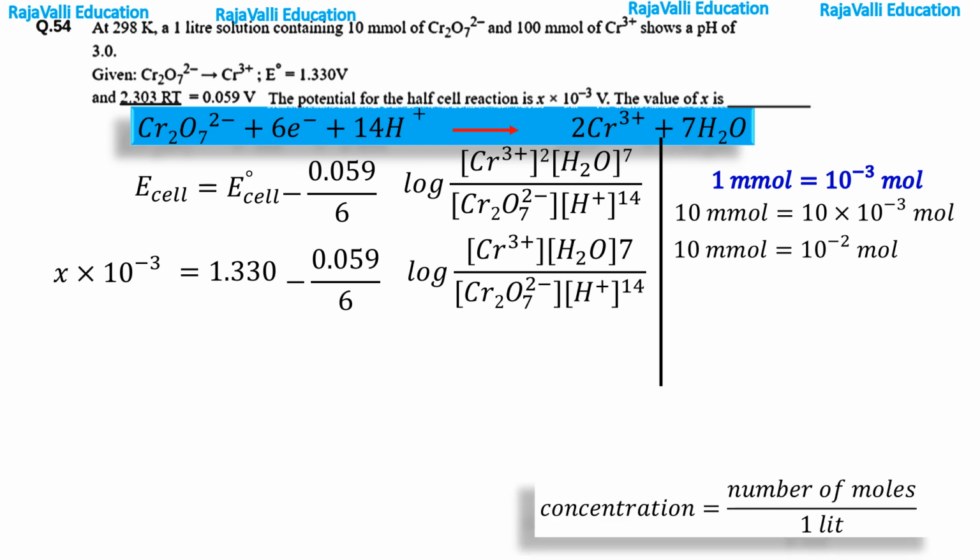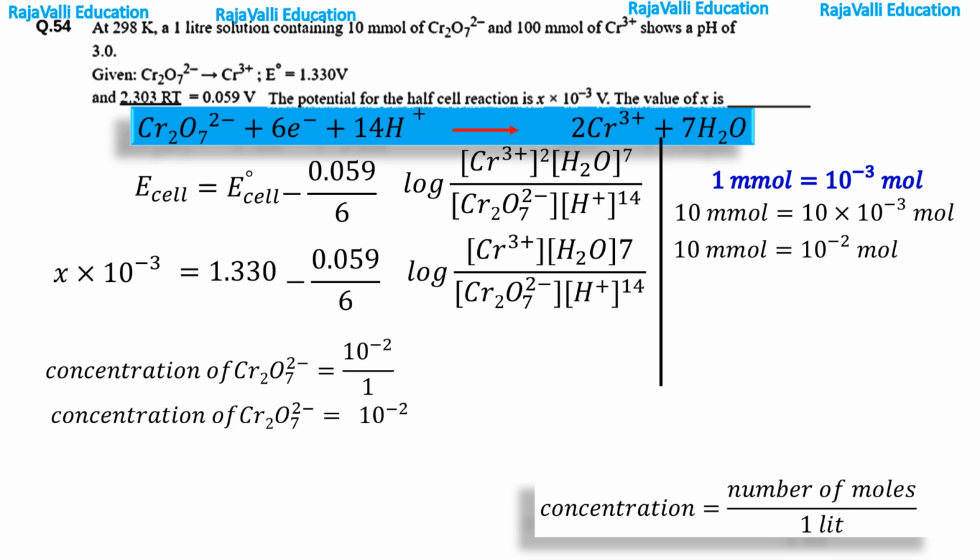Now we have to find the concentration of Cr2O7. Concentration is equal to number of moles per liter. Here it is given as 1 liter. So the concentration of Cr2O7 is 10 to the power of minus 2.